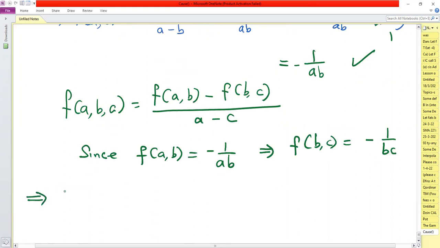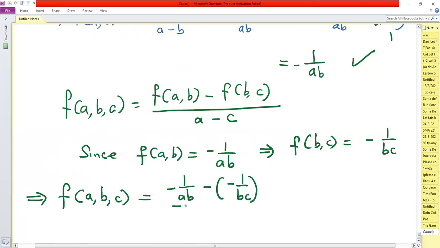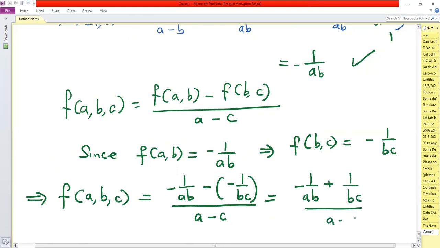So the second divided difference of the arguments ABC will be negative 1 over AB minus 1 over BC, divided by A minus C, which is the same as minus 1 over AB plus 1 over BC, over A minus C.